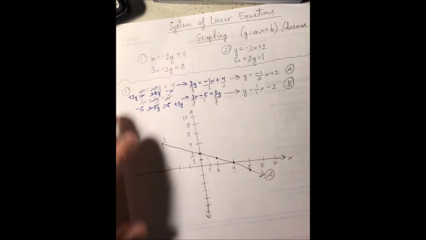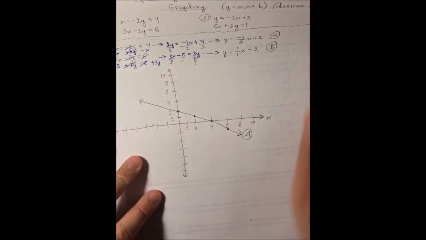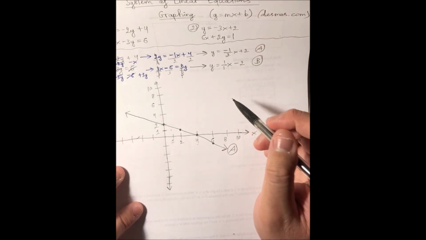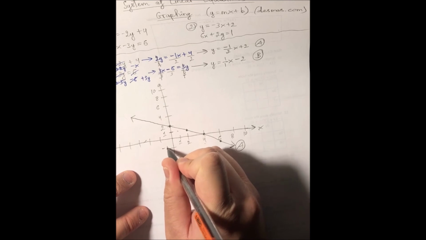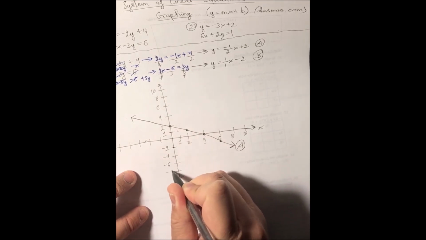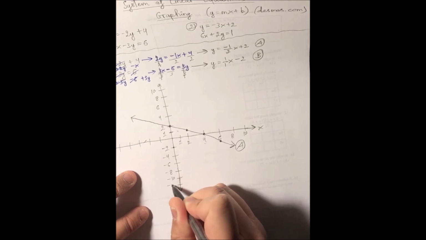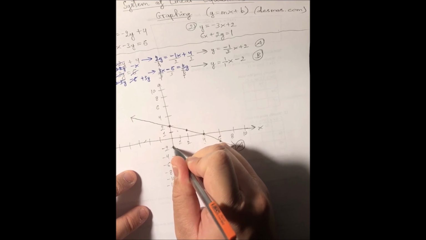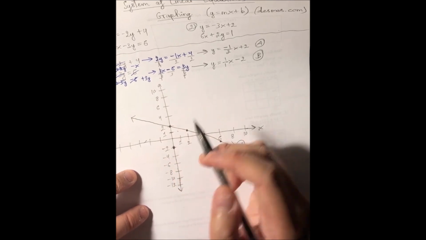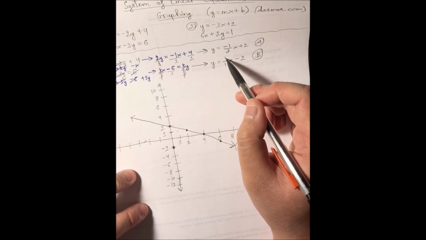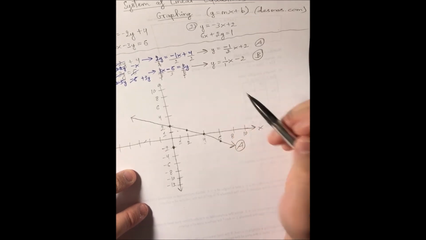Now line B, same procedure. The y-intercept is -2, so -2 right here. Starting at the y-intercept -2 for the B equation, my slope is +1 over +1. So again, rise over run, go up 1 unit, and then go to the right 1 unit.